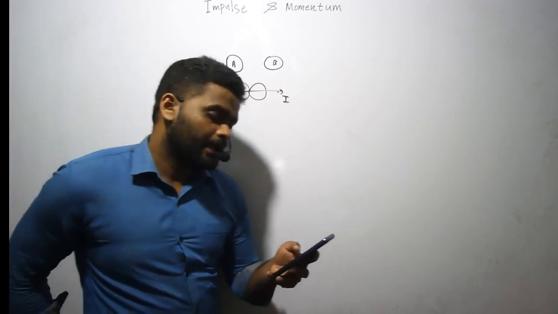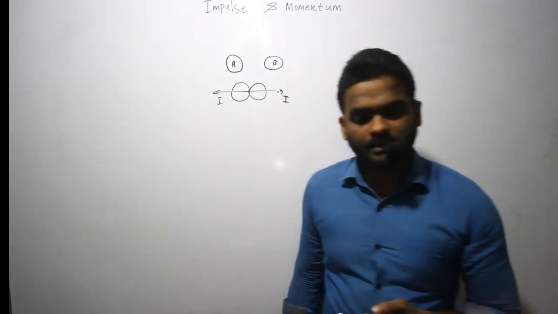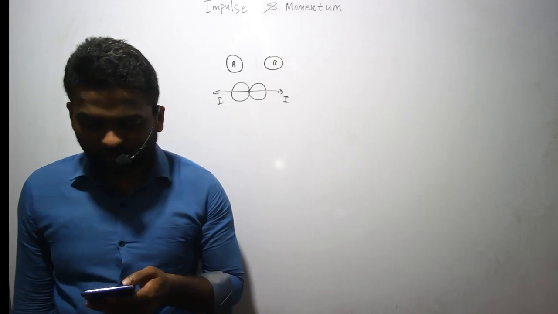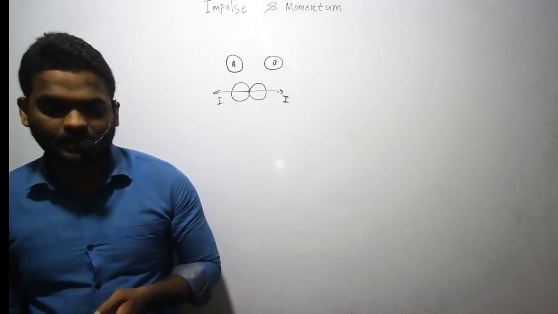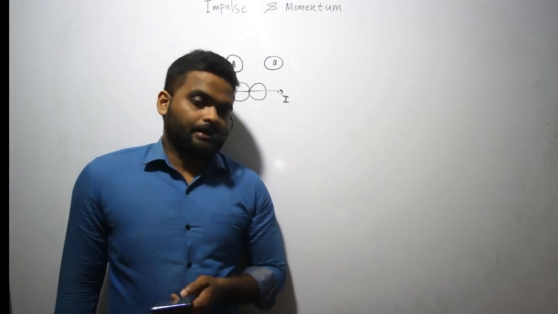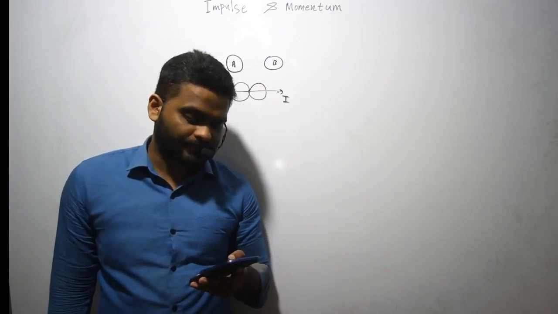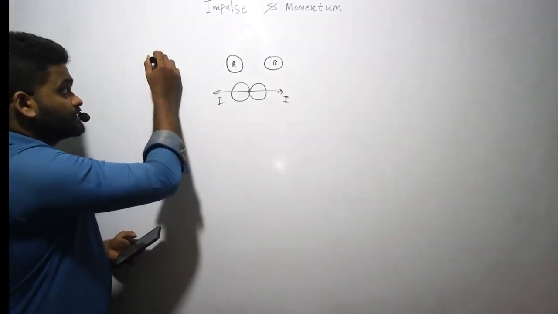Then, if only the collision is perfectly elastic, change of momentum of A is equal to change of momentum of B, right? So in this sentence, there are two errors, right? They say, so the A is correct, right? A is correct.